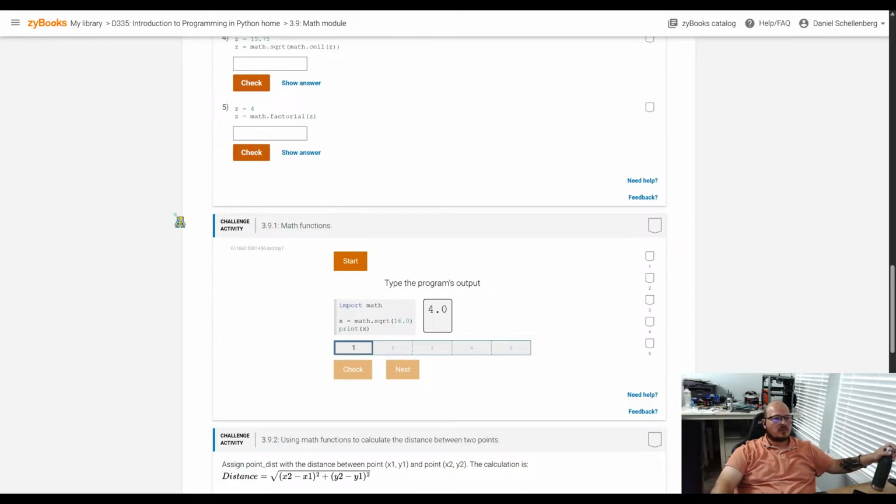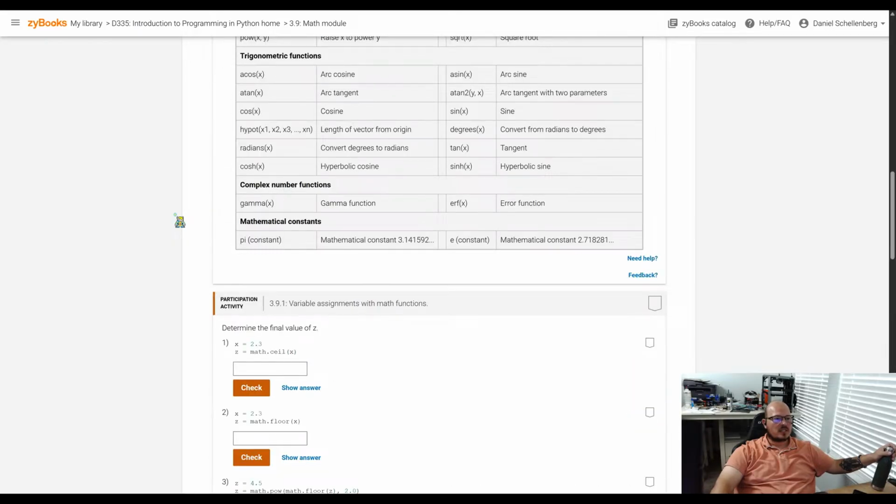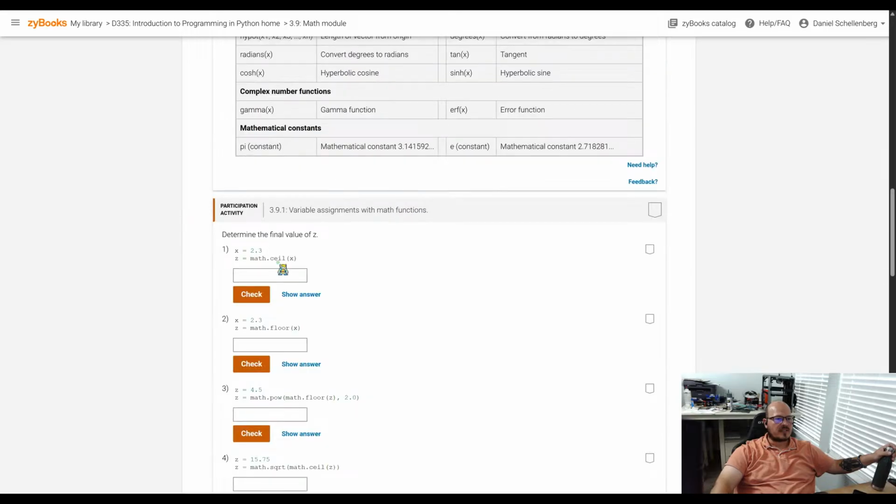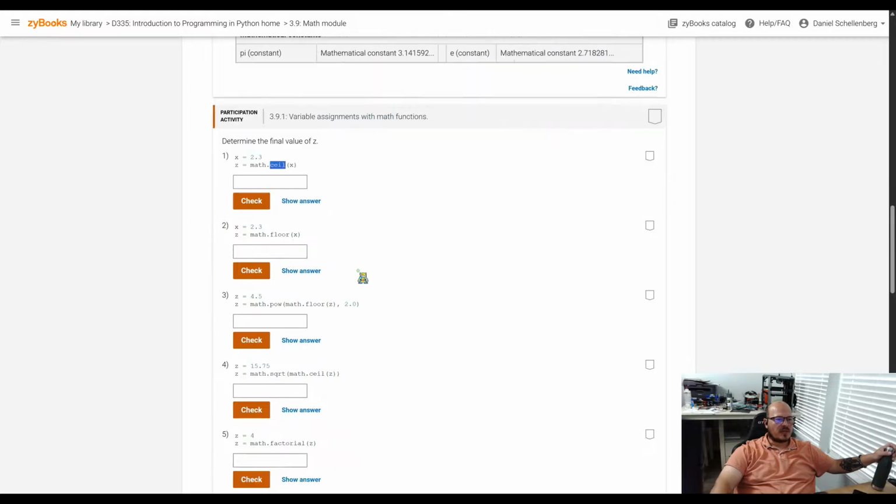Oh, okay. So it's going to teach us some of the math inputs, different math things like ceil, which I believe you can use for rounding, like rounding up, rounding down, power of, and square root.